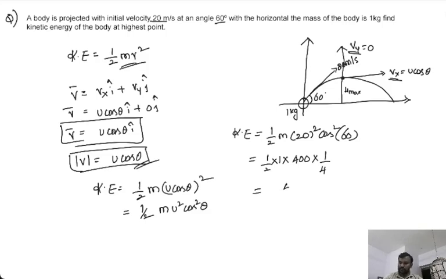Then you write 400 divided by how much? 8. 4 twos are 8, 8 fifties are 400. So the kinetic energy value at the highest point is 50. What are the units? Joules. Then the kinetic energy KE at the highest point is 50 joules.